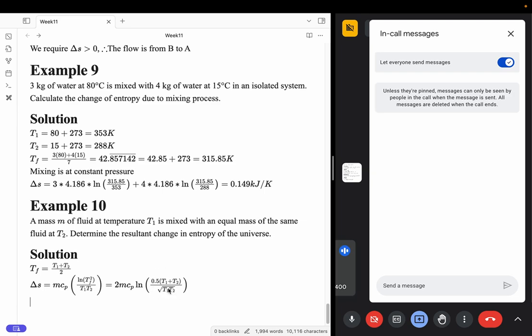And this quantity over here is always positive, since T1 and T2 are always greater than 0 from the third law. So delta S of the universe will always be positive. So whenever this mixing is happening, it will always be an irreversible process. That is the only thing I wanted to show from this relation.